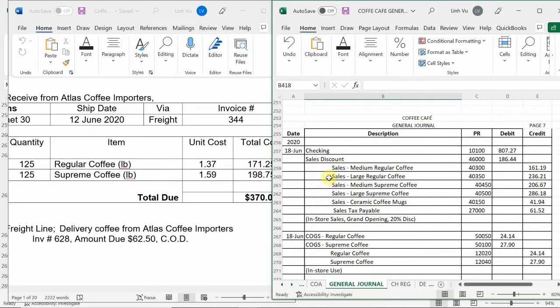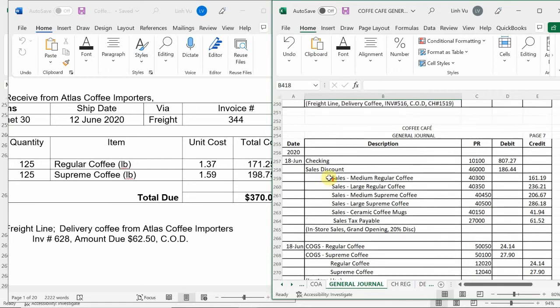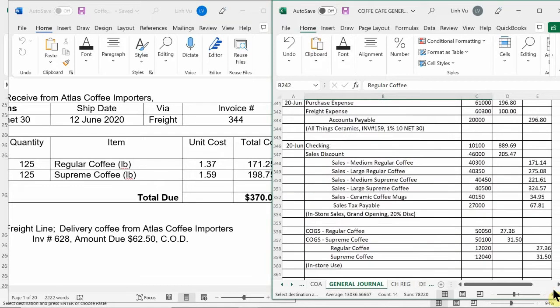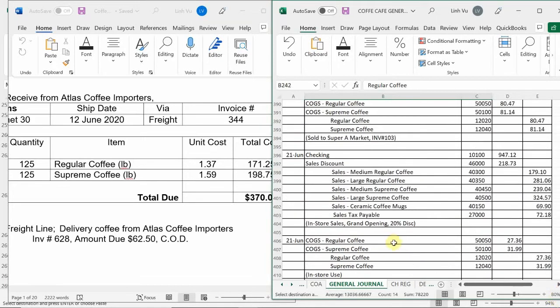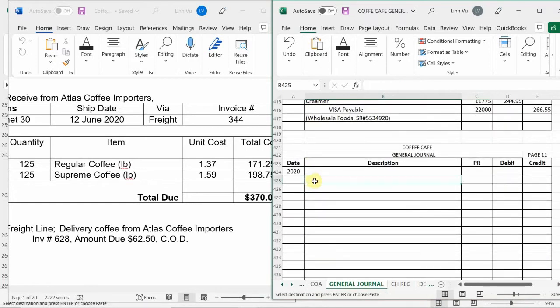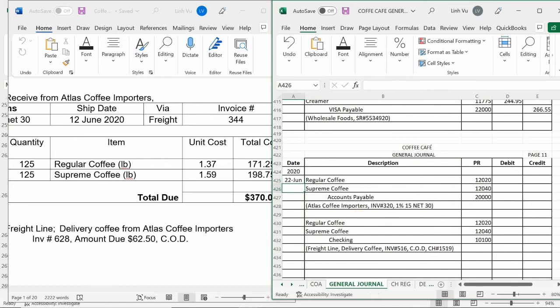We would go to regular coffee, and we would put down the Supreme Coffee also. And we also would do accounts payable.